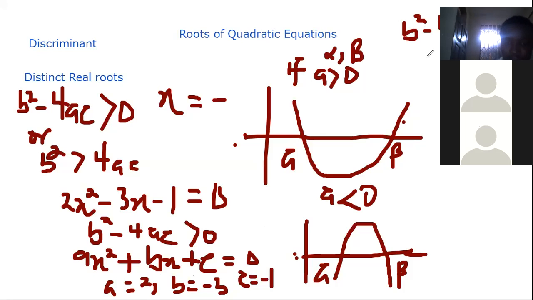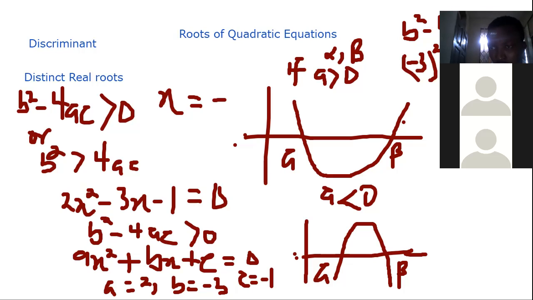Here b we found to be -3, so we get -3 squared minus 4 times a, which is 2, times c, which is -1. This should be greater than 0. Sorry, it must be greater than 0.